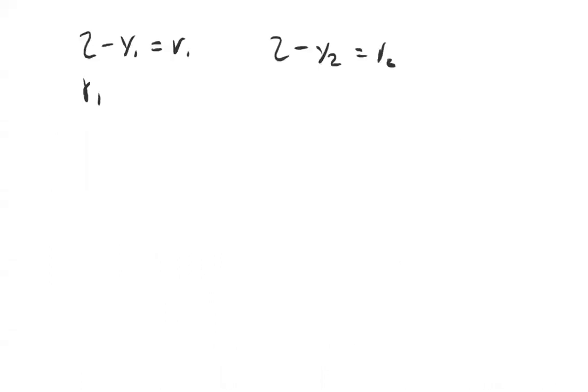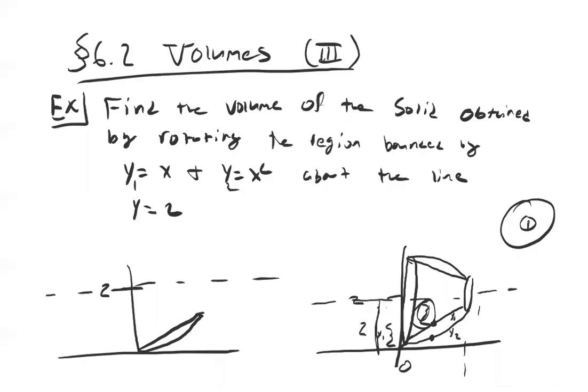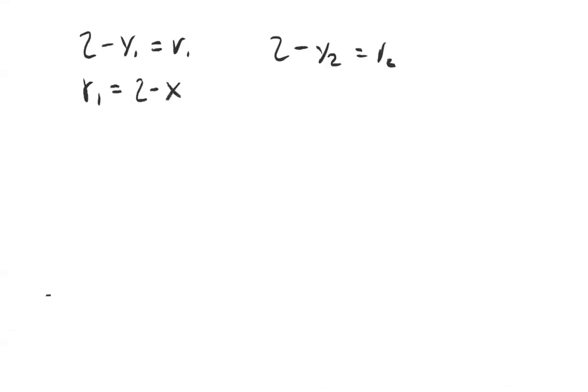So I'm going to go ahead and do that. R1, the radius that's going to be the inner radius in this case, is going to be 2 minus x, down to the straight line, and R2 is going to be 2 minus x squared.